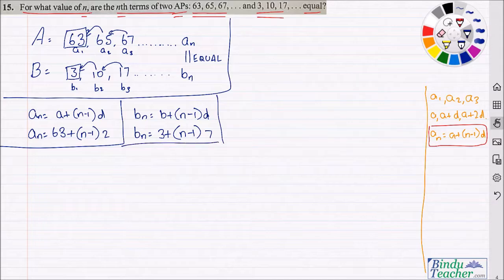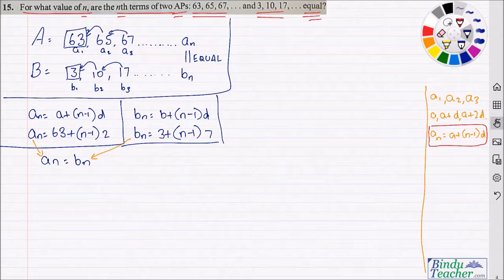Now look at the question again. They're saying the nth term is equal, right? The nth term is going to be equal between these two arithmetic progressions, which means A of n equals B of n. It's already established. So we can write this formula, A of n equal to B of n. Now let's substitute the values of A of n here and B of n from here.